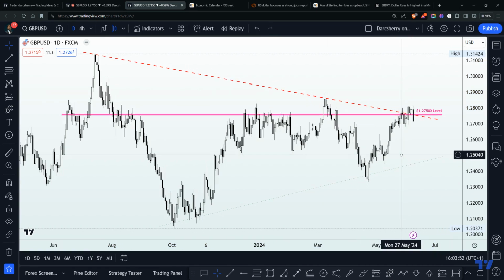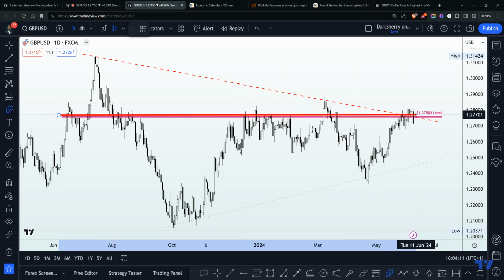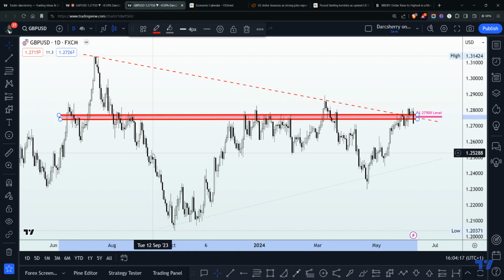And in addition to this descending trend line is our key level for this week, which I situated at the 1.275. Remember, the last couple of weeks we have been using the 1.27 area, but with the recent change in market dynamics, I was able to spot this 1.275, which will be playing a significant role in guiding our trading decisions for next week.